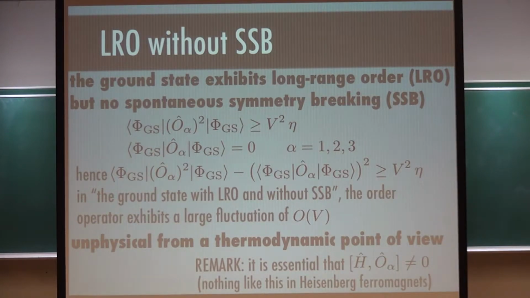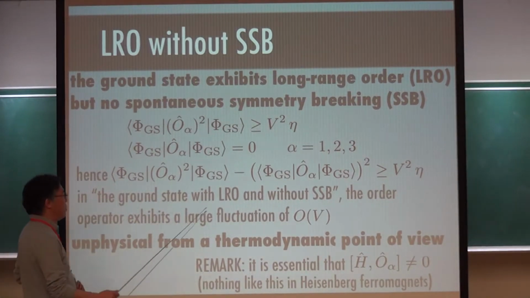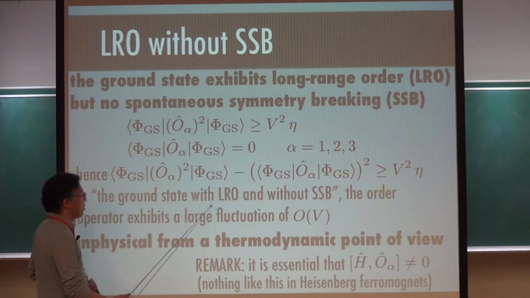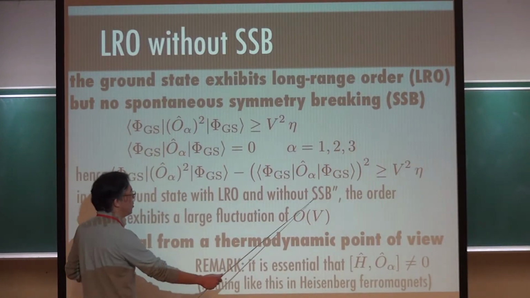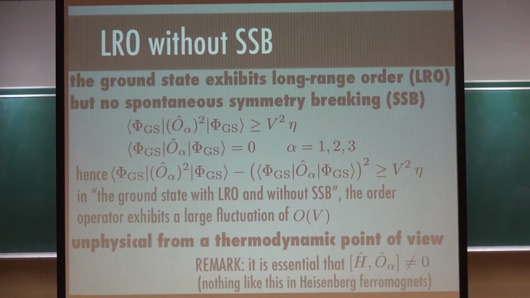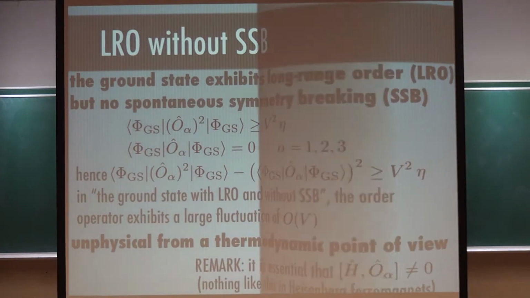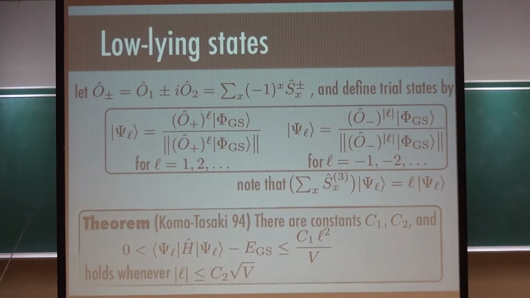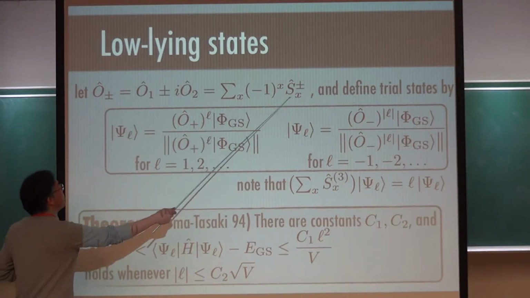Okay, so anyway, first of all, I want to tell you that in this situation, the ground state with a long-range order and without SSB, several interesting things happen, at least theoretically. And one thing is the existence of low-lying states. So I define O plus minus using the familiar formula, O1 plus minus i O2.